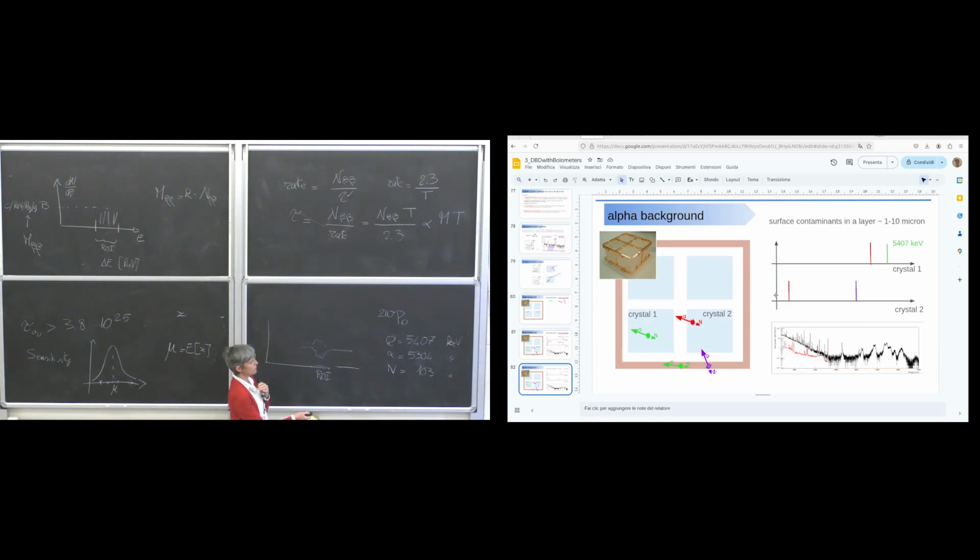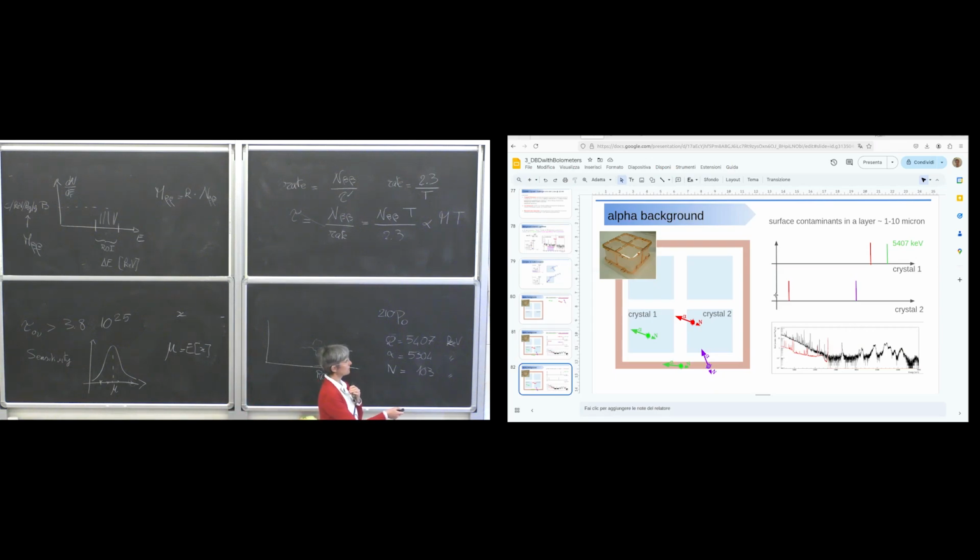And I see also an event in the nearby crystal that is at much lower energy than the alpha energy. And the same takes place in the case of copper. Again, the alpha can lose a fraction of its energy in the inert material and then enters the crystal with, say, three MeV energy.